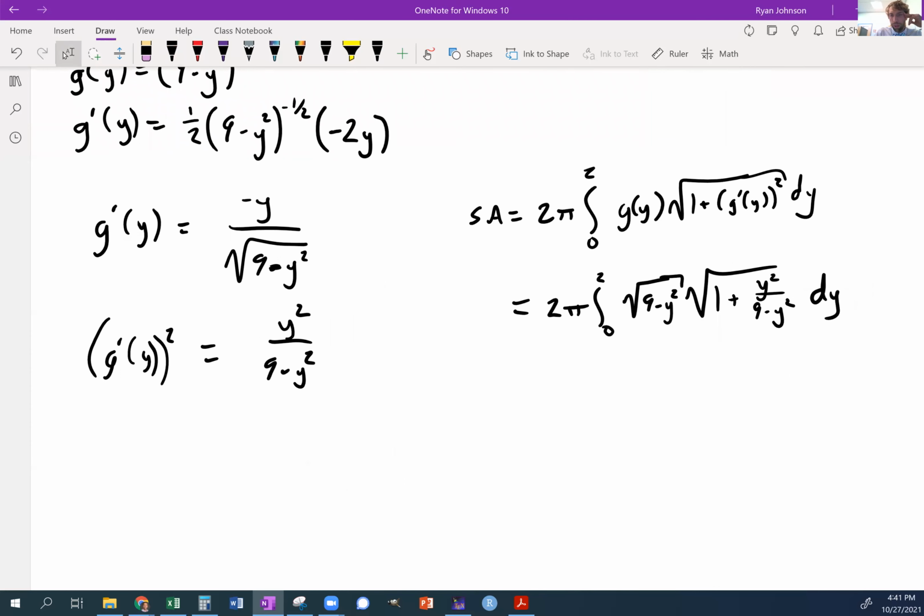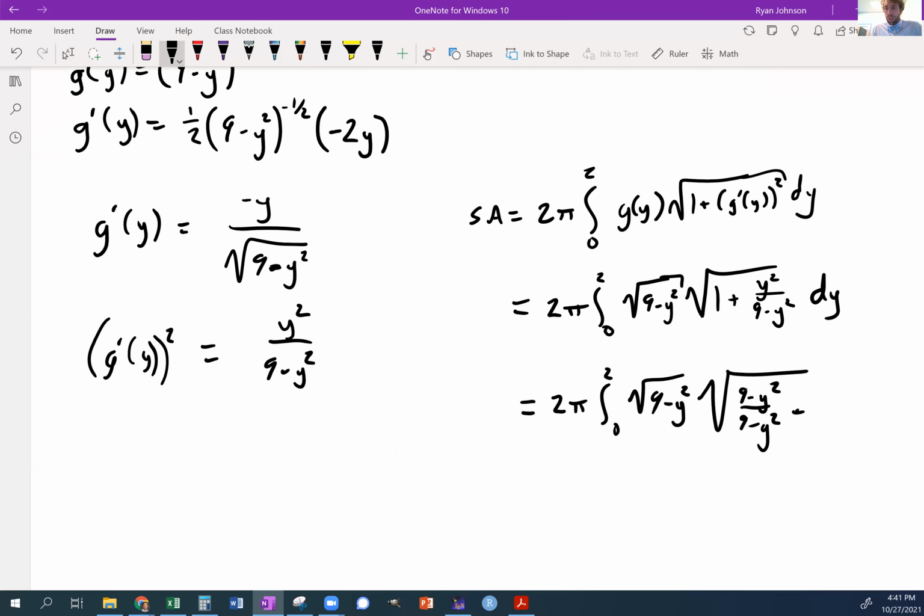Well, this is looking fun. Square root times square root. So then we've got 2 pi times the integral from 0 to 2 of the square root of 9 minus y squared times, let's find a common denominator inside that other square root. So 9 minus y squared over 9 minus y squared. Turn the 1 into 9 minus y squared over 9 minus y squared, plus y squared over 9 minus y squared.